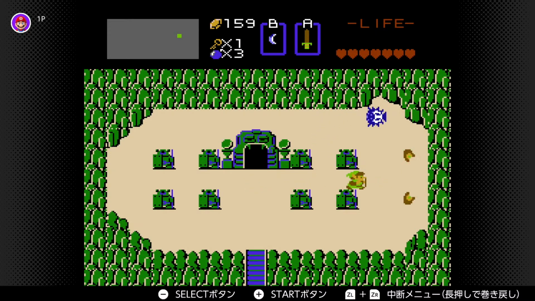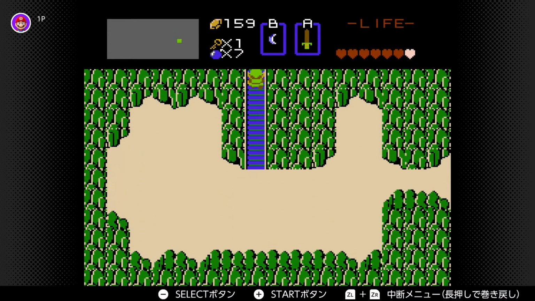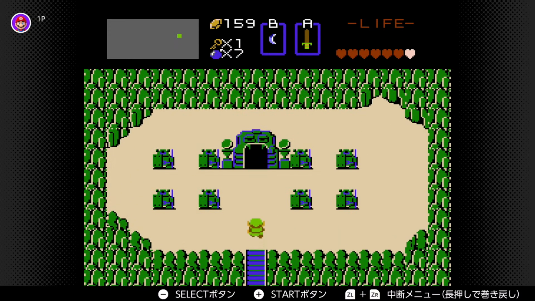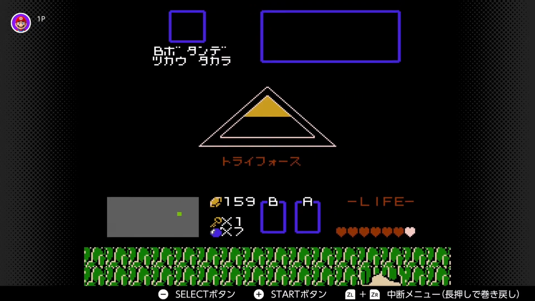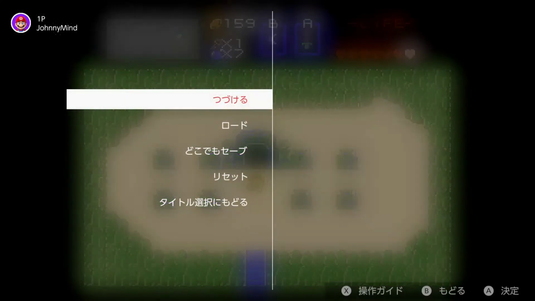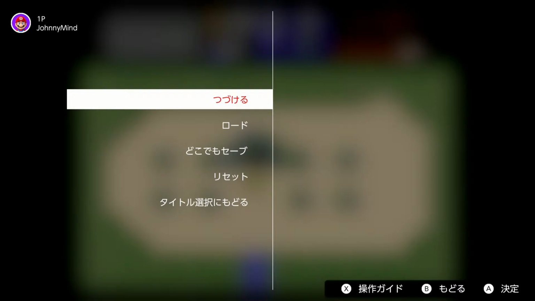Let's defeat this doctor. Okay, we get some bombs. Oops. This isn't what I wanted to do. Okay, since we have finished the dungeon, let's take a break here, and I'll be back in 5 minutes as usual.